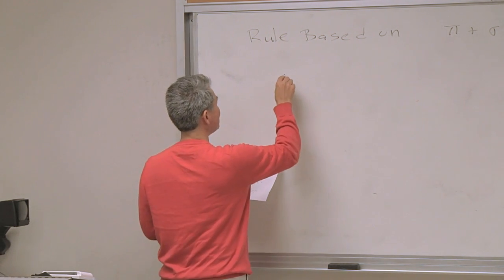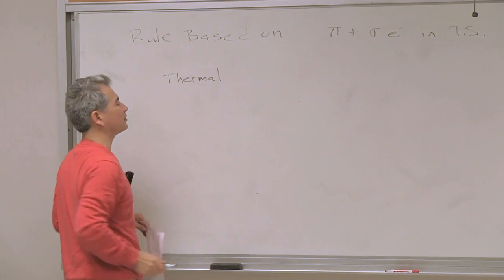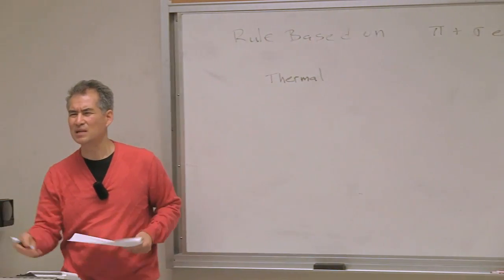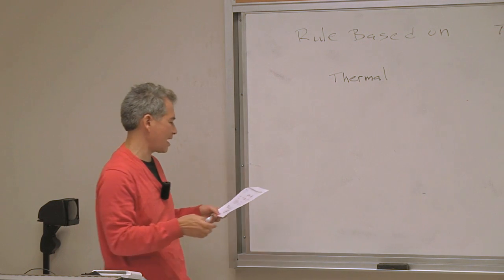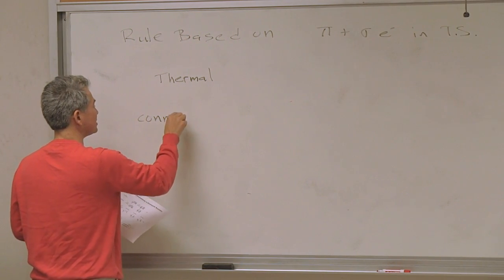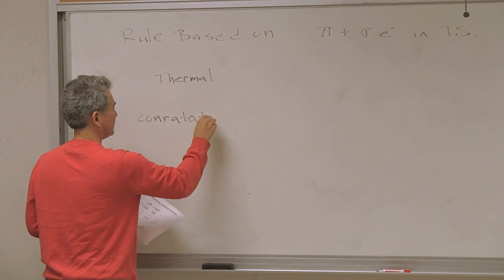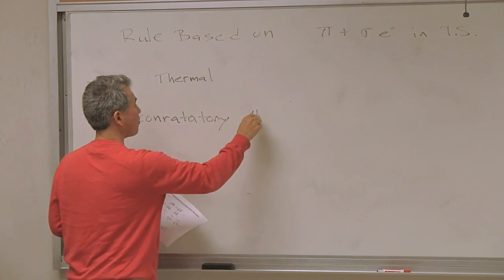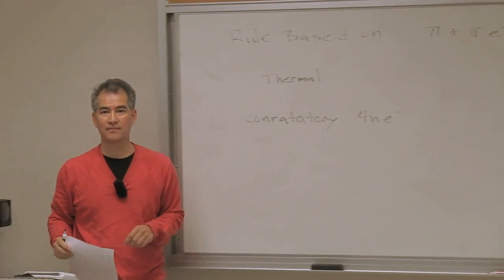For the reactions that I've shown you, we haven't invoked light. Anything without light we call thermal, even if it occurs at room temperature. If you're not pumping photons in there, then it's a thermal reaction. And so for thermal reactions, our general rule is anything with 4n electrons is going to be conrotatory.